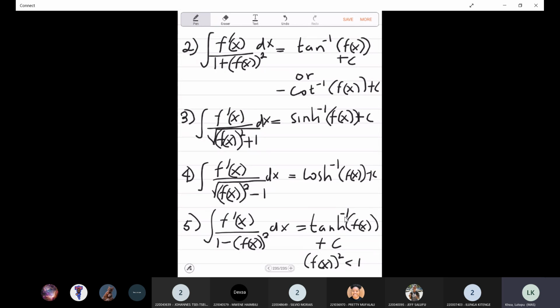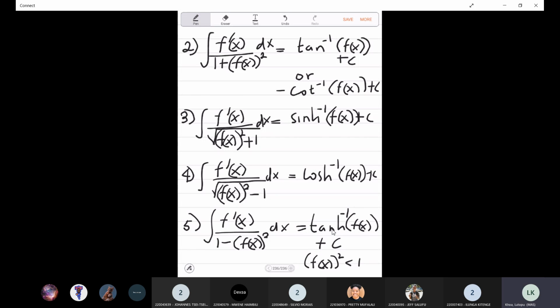Don't forget the negative over there. Okay, so the only difference, or when we put cot inverse, is if your function is greater than 1. So we just change that condition to f of x squared greater than 1, but almost always we just take the integral as tan.